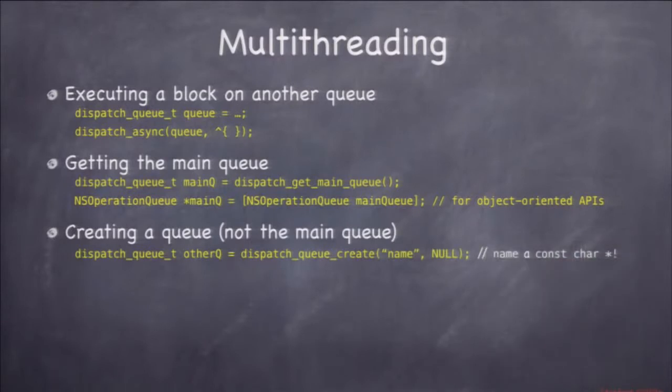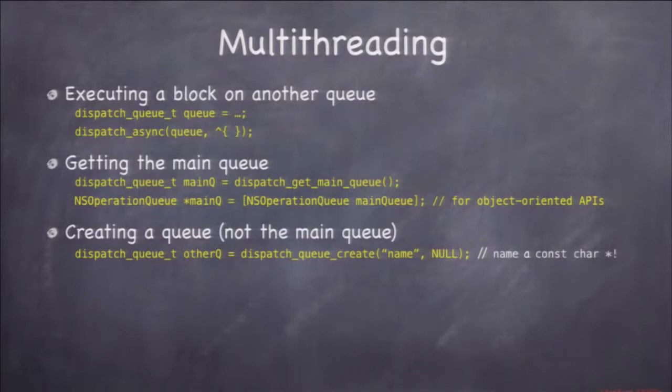What if you wanted to create another queue? Let's say you're going to do some big math calculation or some big image processing calculation. You don't want to block the main queue, the main thread, so you can create another queue. Very simple. You just say dispatch_queue_create. The first argument to that function is the name of the queue, and that's going to show up in the debugger and stuff, so this is kind of an internal name. Notice that's not an NSString, because this is a low-level API.